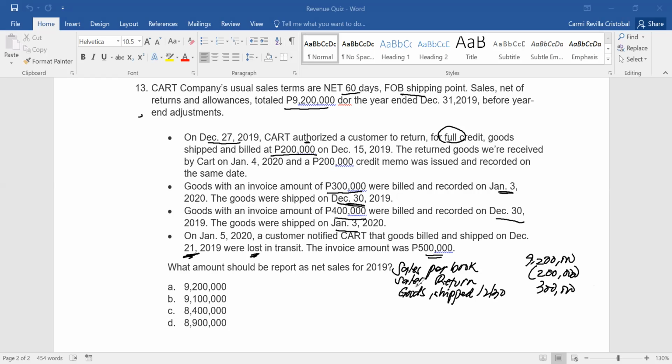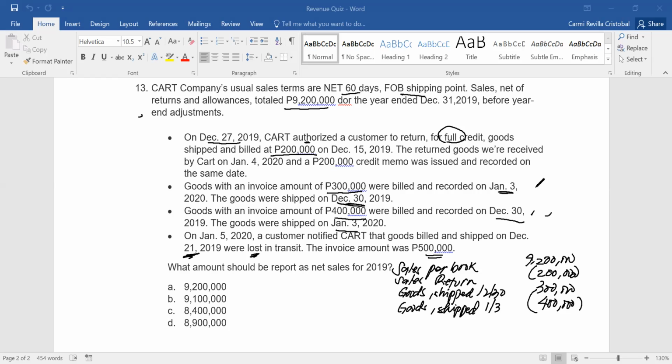So, i-add natin siya. Yung next item, goods, kailan ulit shinip? So, important ulit siya. Noong January 3 na. Pero, look, were billed and recorded noong December 30. Magkano yun? 400,000. Dapat ibawas mo siya.